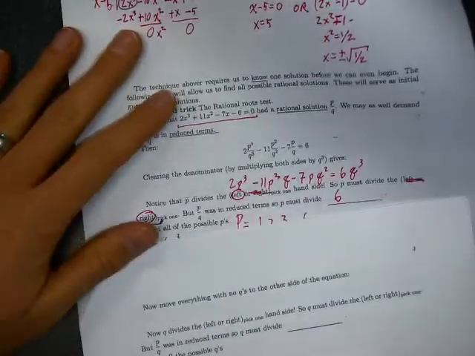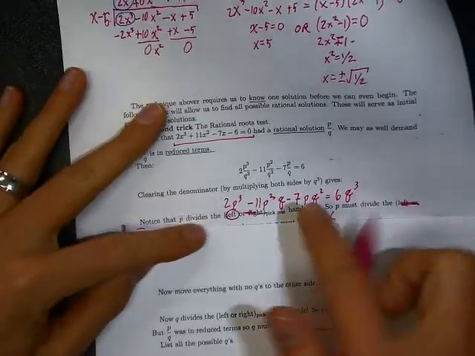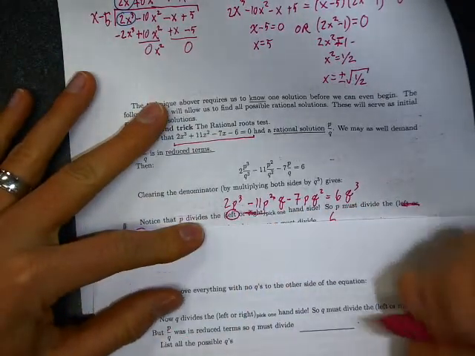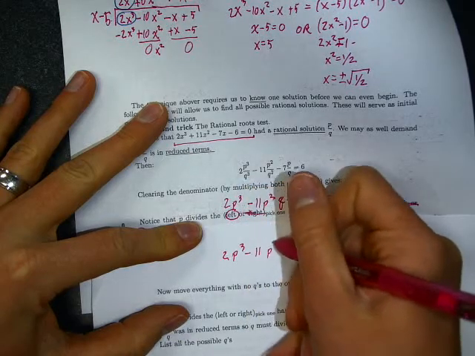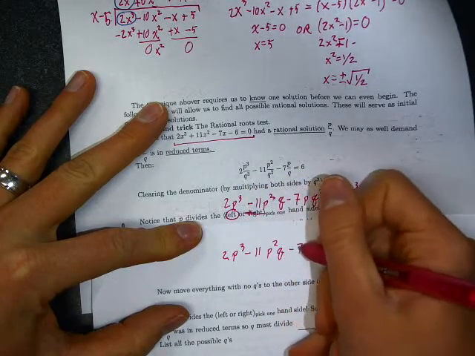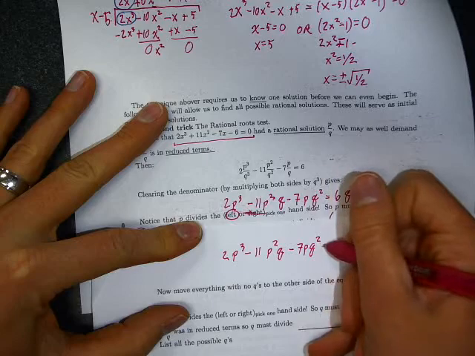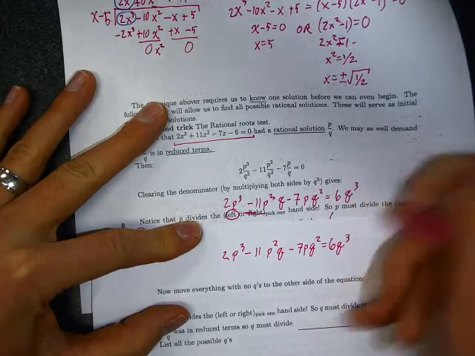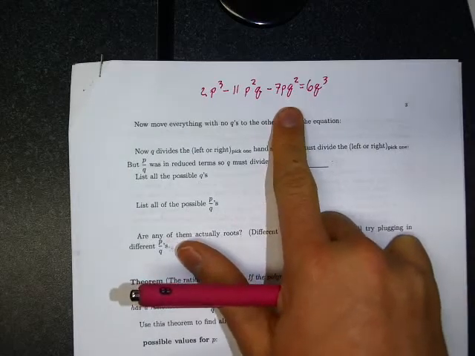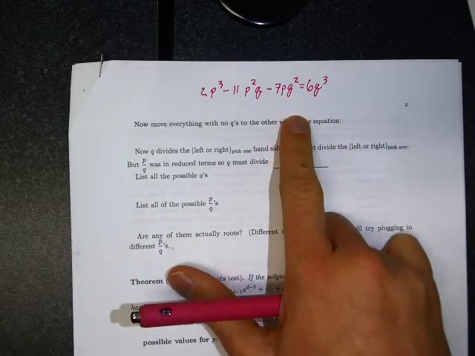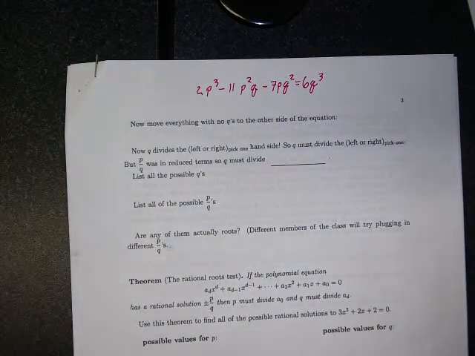So I'm just going to write this equation down again because I'm going to do something with it. 2p cubed minus 11p squared q minus 7pq squared is equal to 6q cubed. So let's take that and put everything that has no q's on one side of the equation and everything that has some q's on the other.